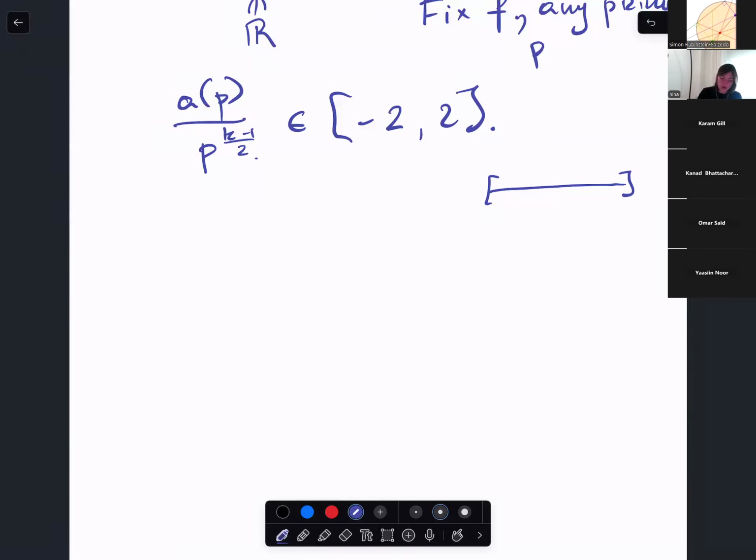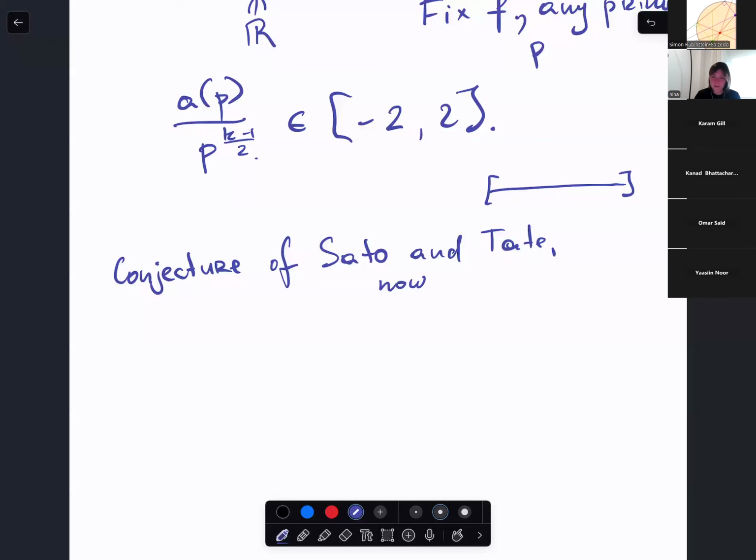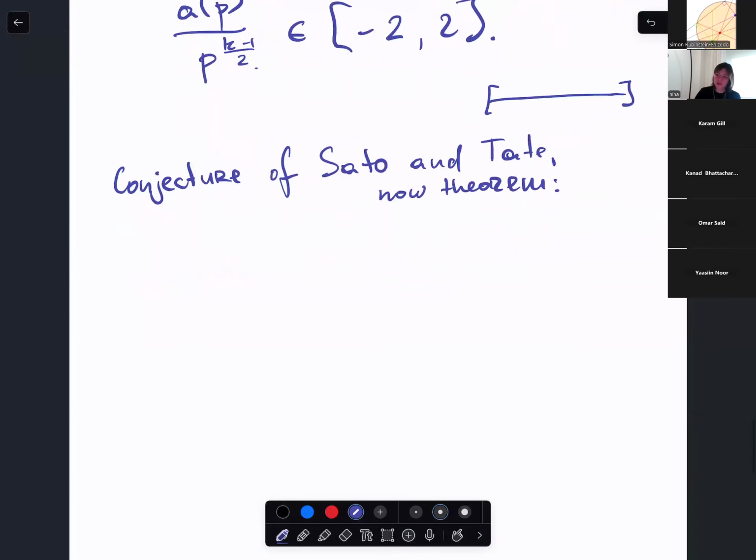So there's a conjecture of Sato and Tate, which is now a theorem by like 7 authors. I'm not going to write them down, but it states the following.